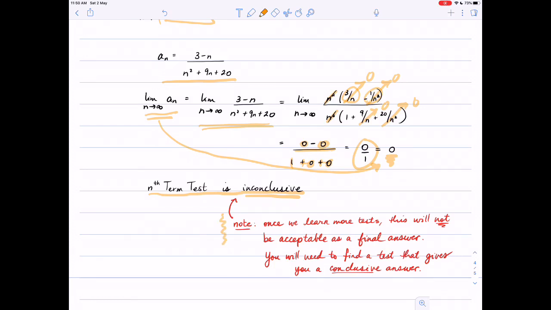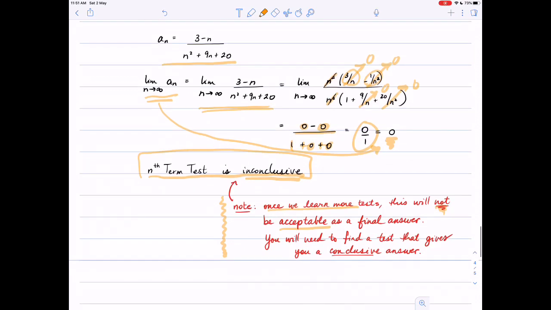if the instructions say decide convergence or divergence, figure it out, then once we learn more tests, telling me that the test is inconclusive will not be acceptable as a final answer, because you have not decided whether this converges or diverges. You've just told me that one test is inconclusive.